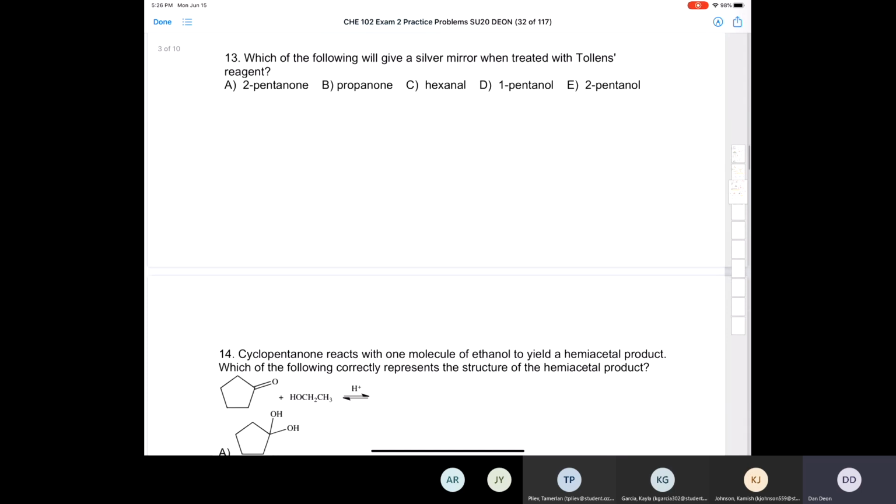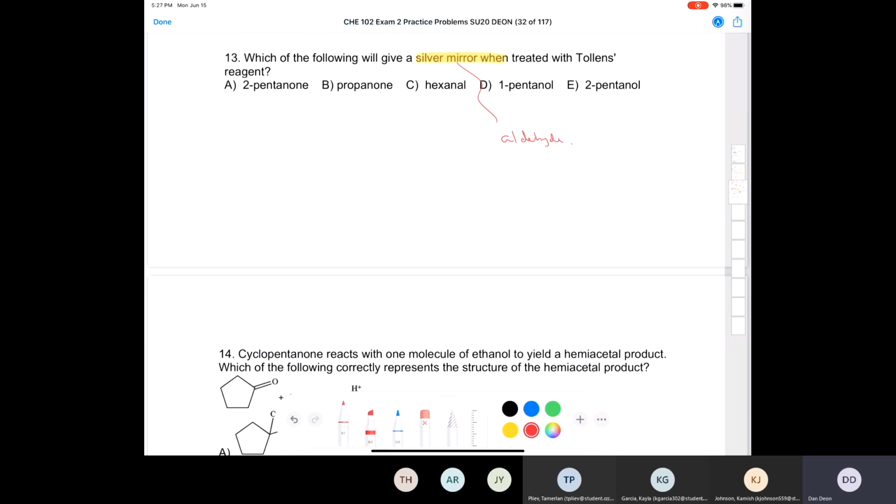All right, which of the following will give a silver mirror when treated with the Tollens test? And we agreed earlier that if you have a silver mirror with the Tollens test, that means you have an aldehyde. So pentanone is a ketone.